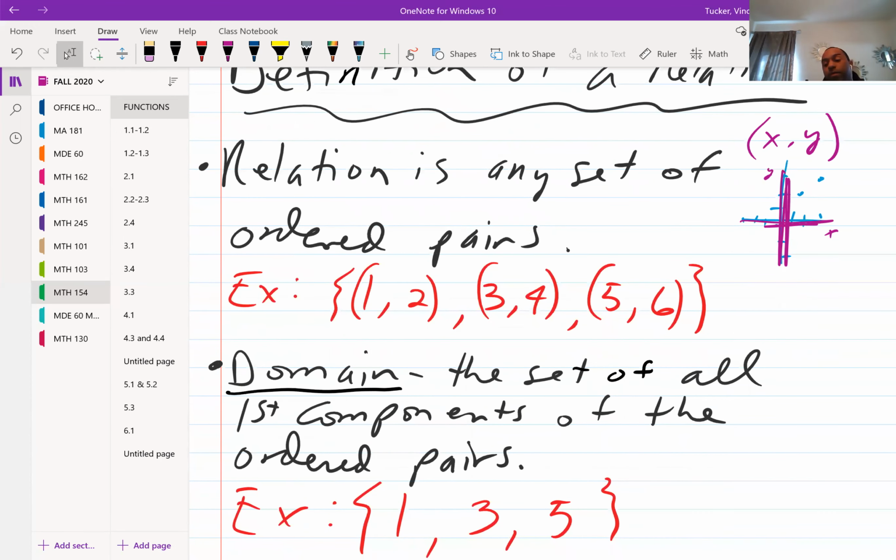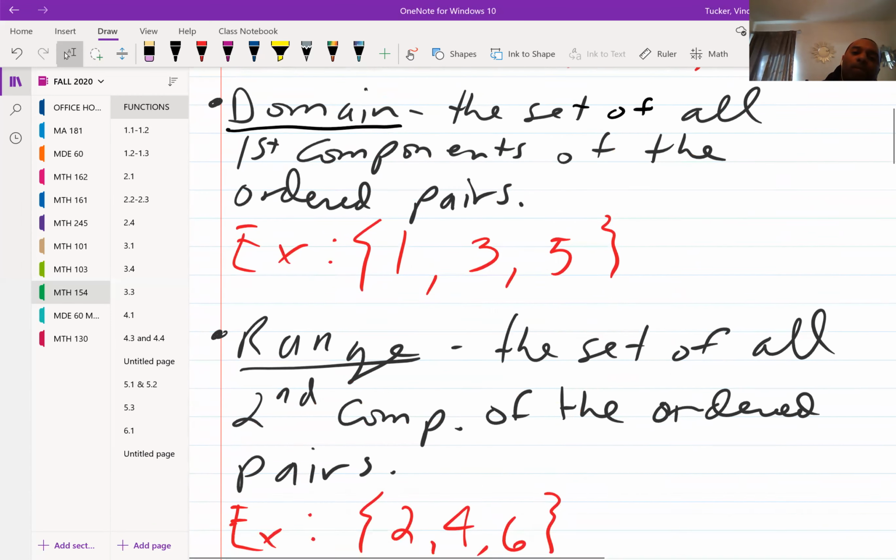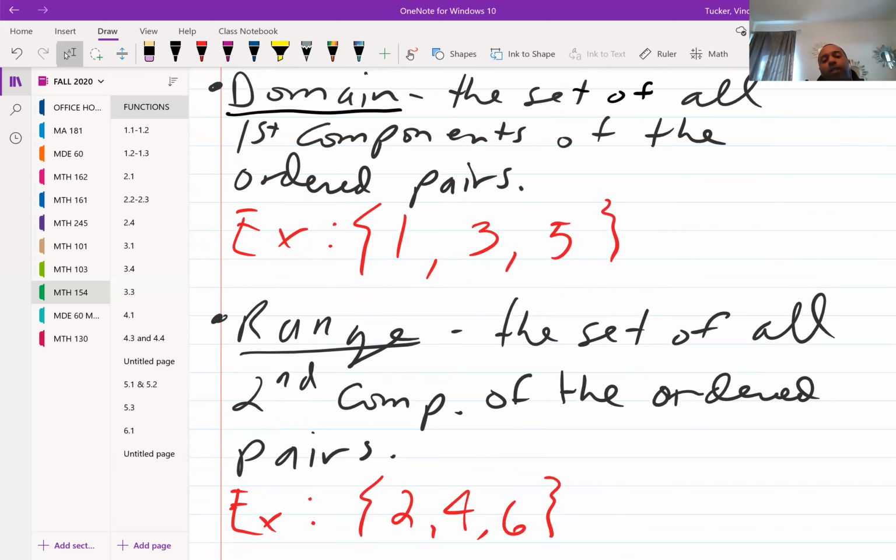So in this case, 1, 3, and 5 would be your domain. Your range is the set of all of your second components of the ordered pairs. So in this case, 2, 4, and 6.